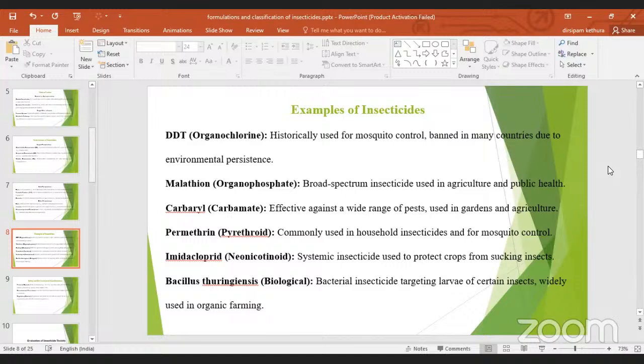We covered these things in our previous classes. Out of these, organophosphates, carbamates, and pyrethroids are the ones which act on the nervous system of the insects. This is what we studied.